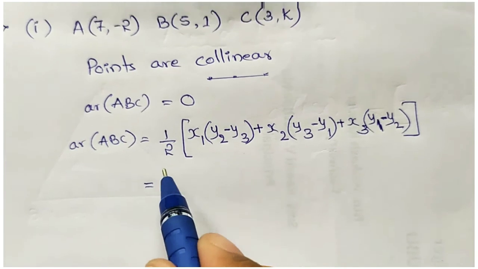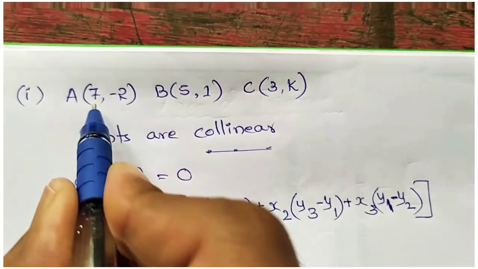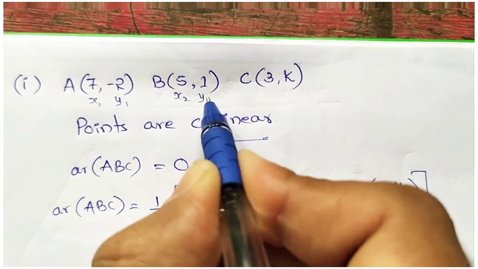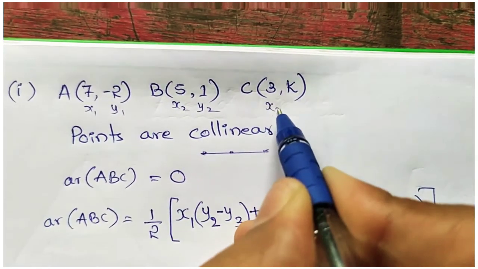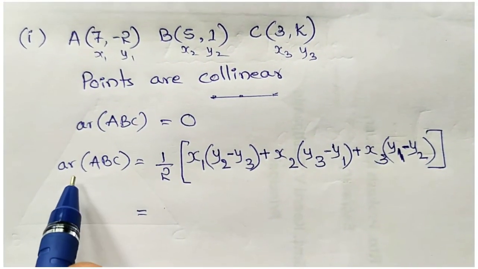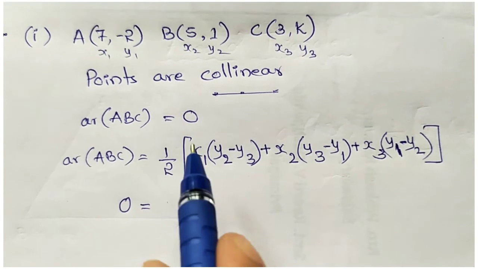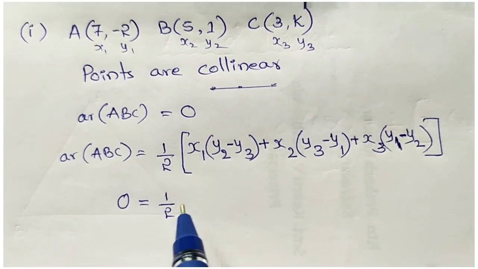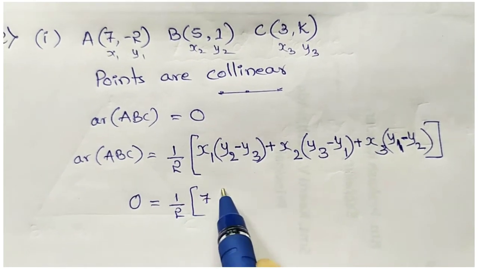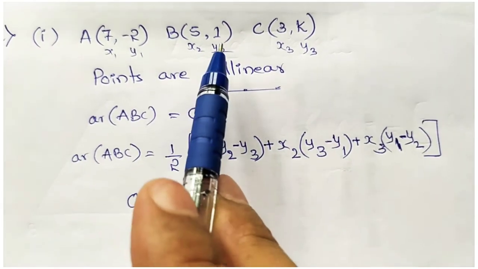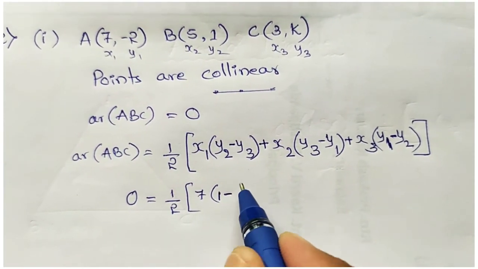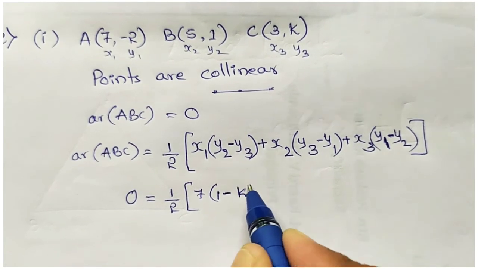So now let's take these coordinates as x1 y1, x2 y2, x3 y3. Substitute the values. Already we know the area of ABC is 0 because the points are collinear. Now 1 by 2, x1, what is x1? 7. y2 is how much? 1, minus y3 is how much? k.